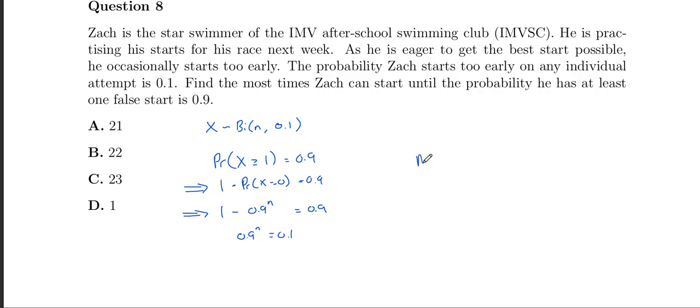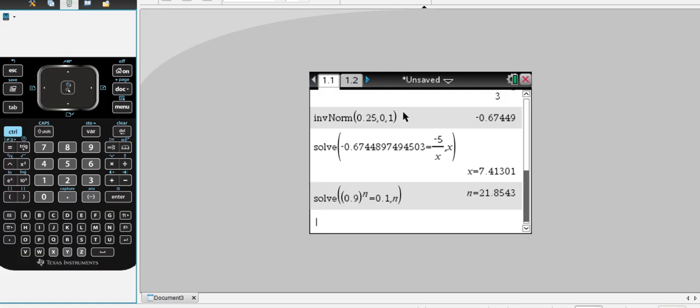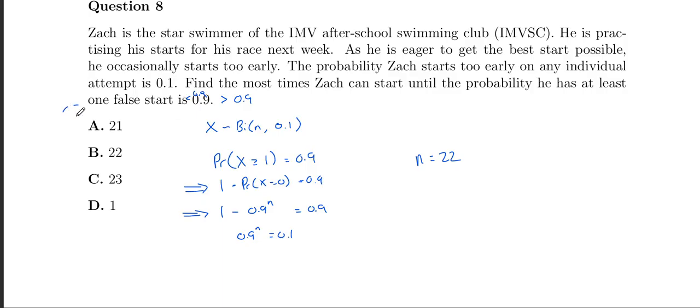So what that means is when n equals 22, he's going to have a probability that is greater than 0.9. But we want to find the most times Zach can start given that the probability is less than 0.9, which occurs when n is equal to, rounding down, 21.